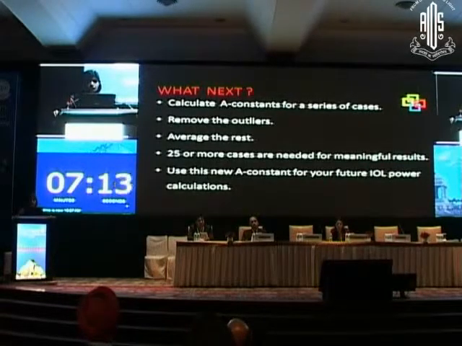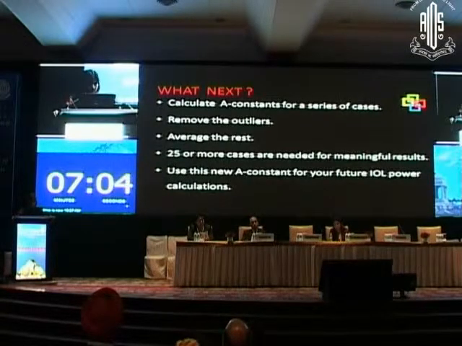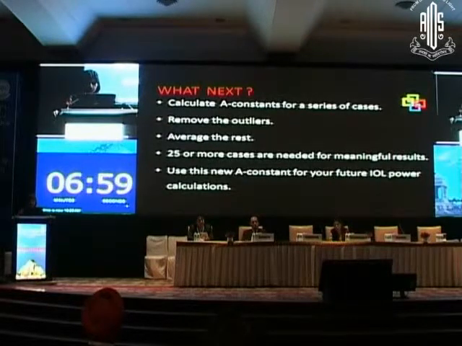Then we need to remove the outliers from that series, average the remaining, and then we start getting an average A constant, which is more significant in our hands for a particular lens model. 25 or more cases are needed for meaningful results, although you will start getting good results even after 15 to 20 cases. Then after you get a meaningful result, start using this new A constant for your future IOL power calculations for that particular lens.